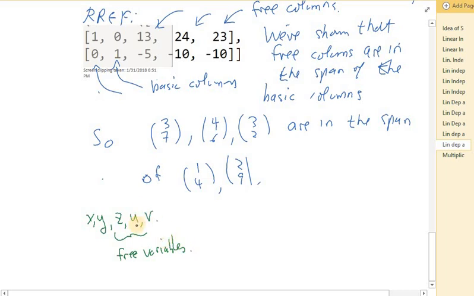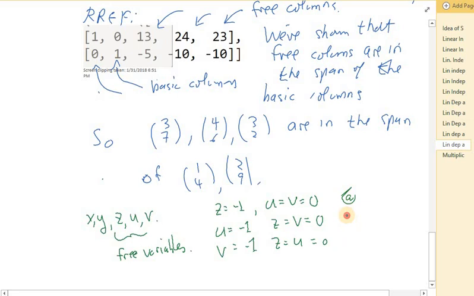I'll choose them in turn: z equal minus 1, u equals v equals 0. That's my first choice. Second choice will be u equals minus 1, z equal v equals 0. Last choice, v equal minus 1, z equal u equals 0. I'll call this choice A, this choice B, and this choice C.